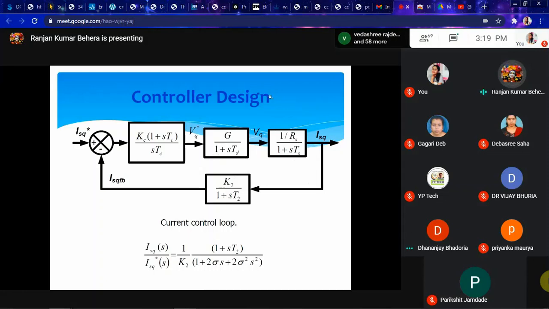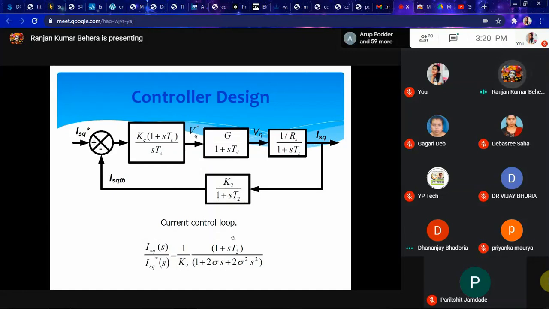And you can see 1 by R divided by 1 plus sT is your inductor, the inductor which was there in your input. And then we have in the feedback K2 divided by 1 plus sT2. Why do we introduce this one?